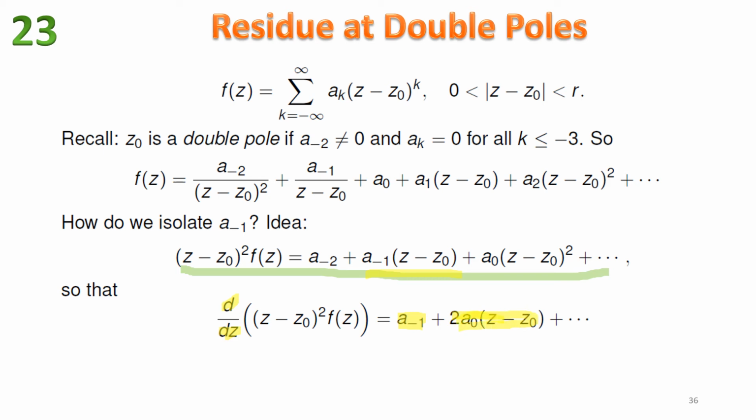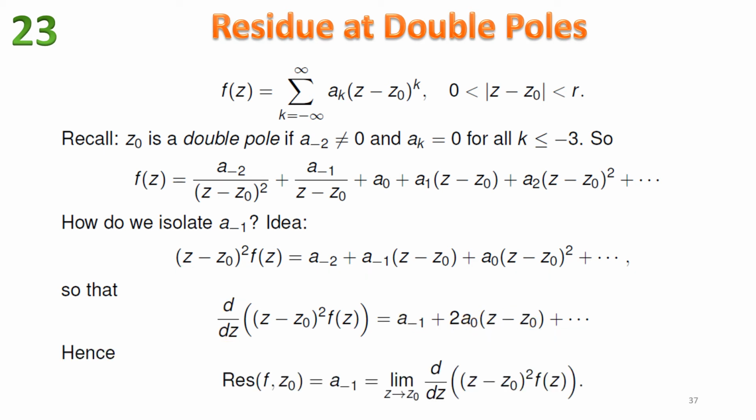Now here we can impose the limit when z is approaching z0. What will happen? This will vanish, along with all higher order terms. They will have 0 value for z approaching z0.